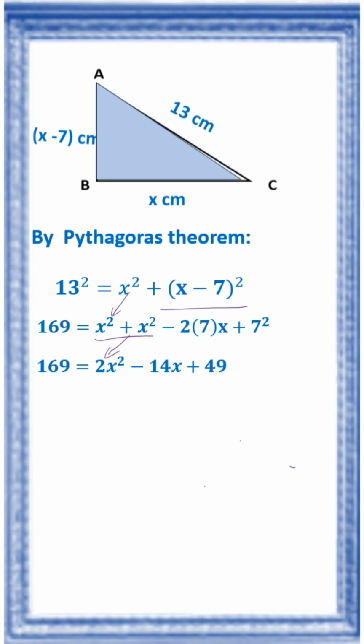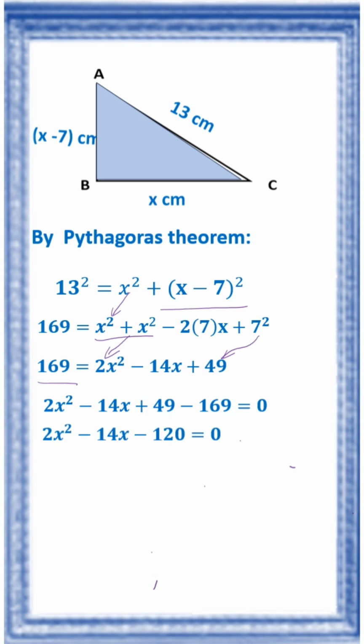Negative of 2 into 7 into x is negative of 14x. 7 square is 49. Now bring 169 to this place. 2x square minus 14x plus 49 minus 169 is equal to 0, which is negative of 120.